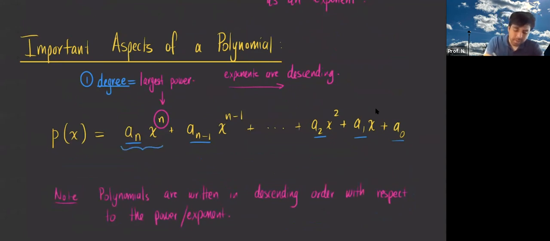That term is called the leading term. So the leading term has the highest power. The term is the entire monomial, as we call them, with the base along with the coefficient. So that's the second thing we consider, the leading term. So this contains the degree.